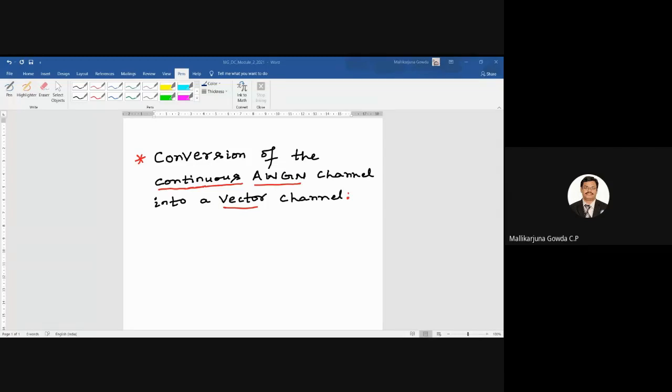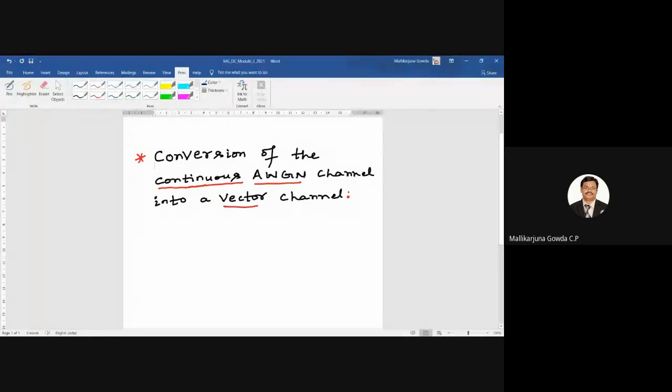So here, the conversion of the continuous additive white Gaussian noise channel into a vector channel. We have discussed how we can represent a signal of finite energy as a signal vector. In a similar way, here we are going to convert this AWGN channel into a vector channel.